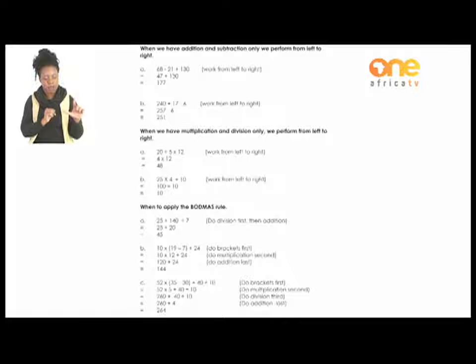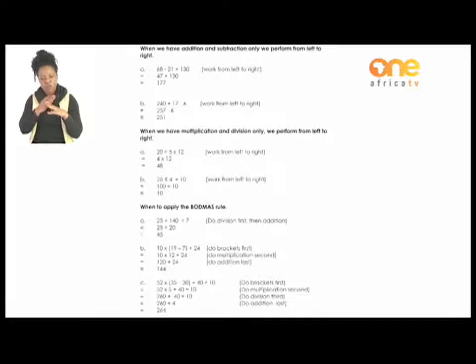We do the multiplication first: 25 times 4 equals 100, divided by 10. Now we do the division part, and we say 100 divided by 10 equals 10. So this is when we only have multiplication and only have division.